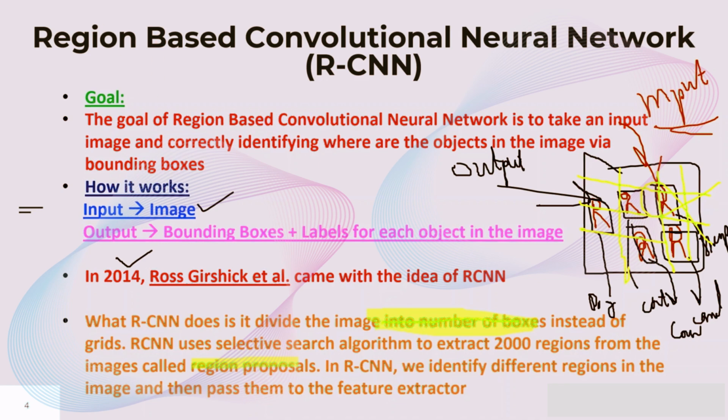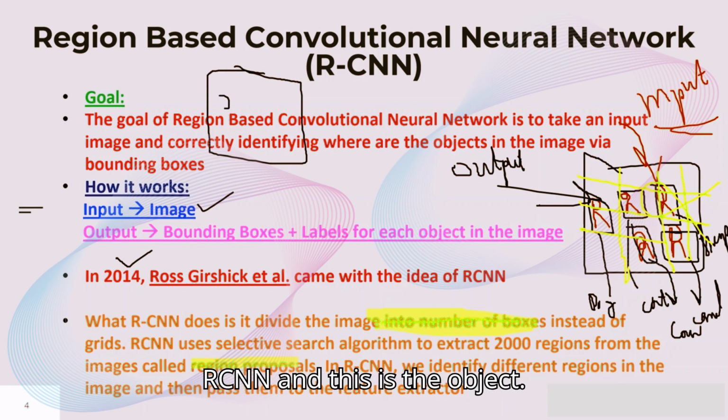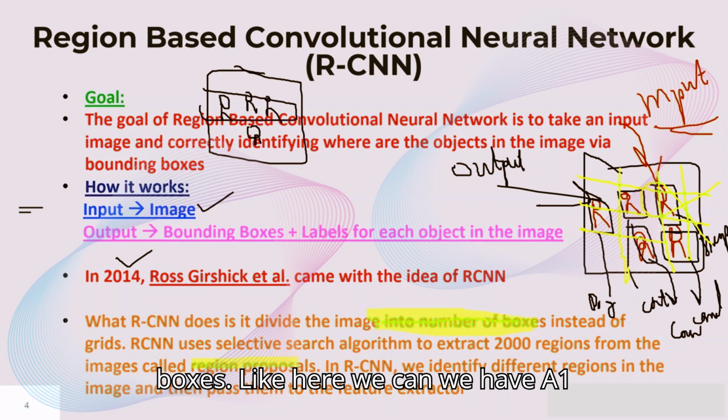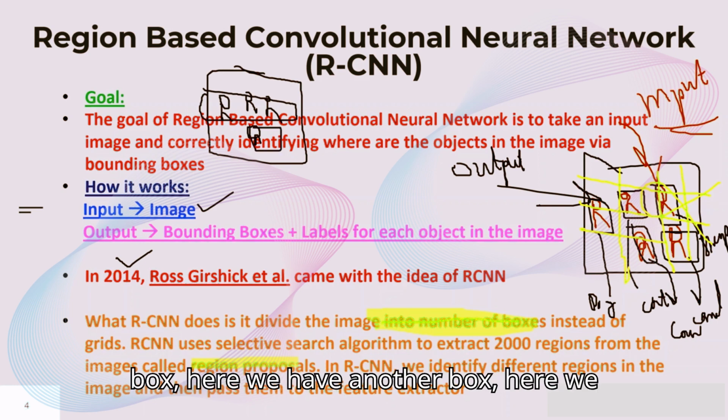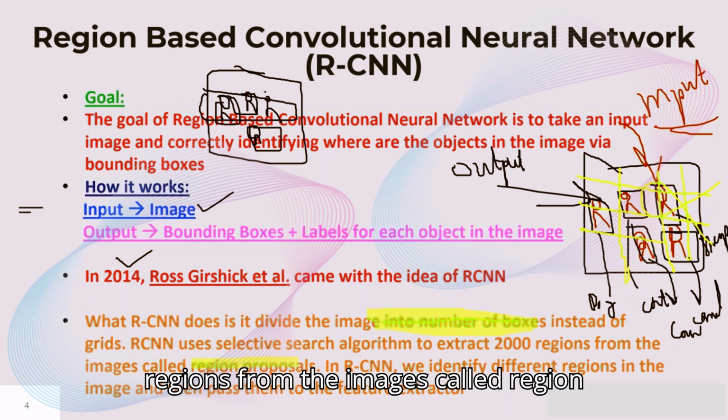For example, here we have the image in RCNN, and this is the object in the image. In RCNN, we will divide our image into boxes. Here we have one box, here we have another box, here we have another box. Using the selective search algorithm, we extract 2000 regions from the image called region proposals.